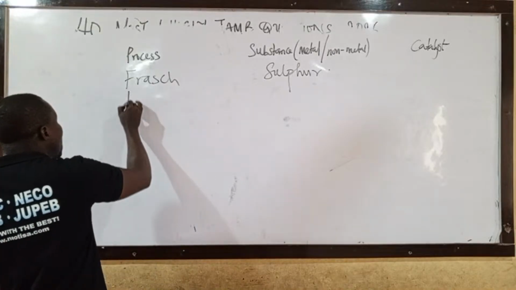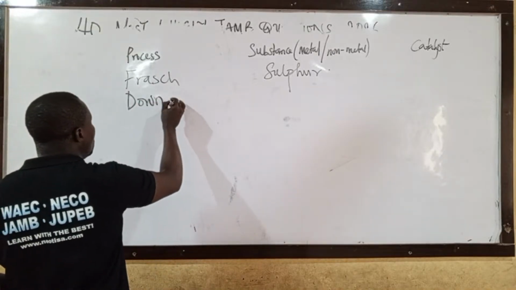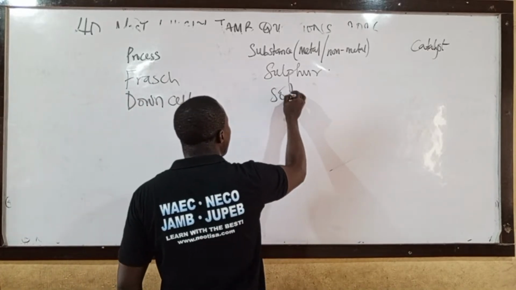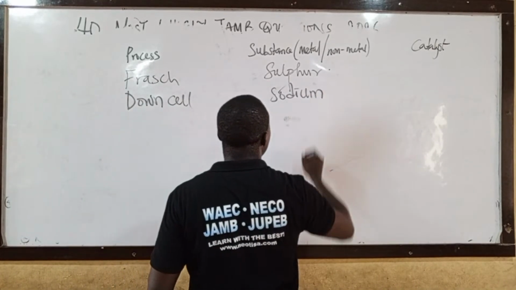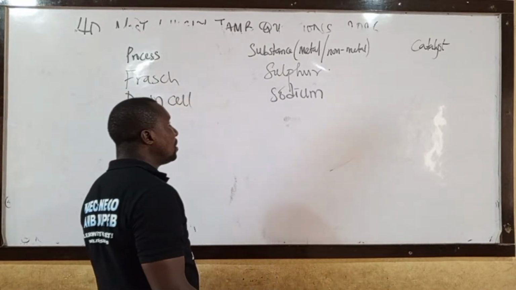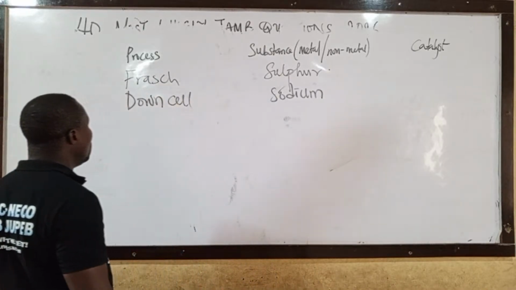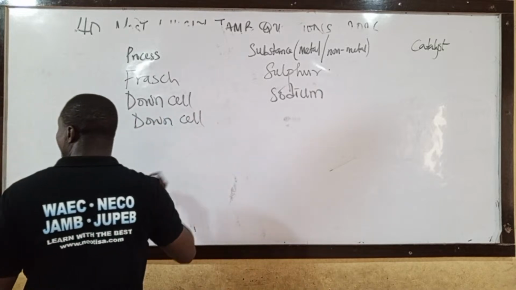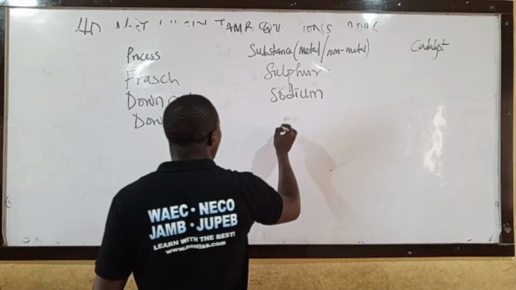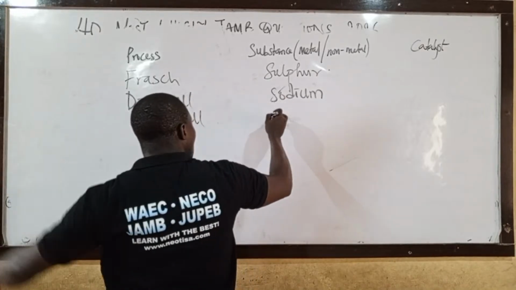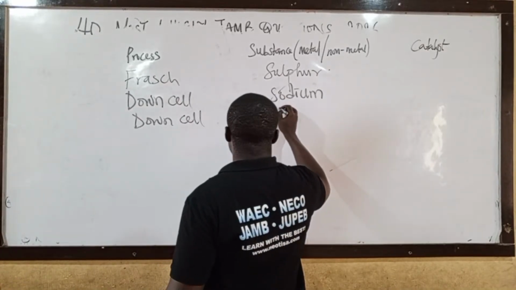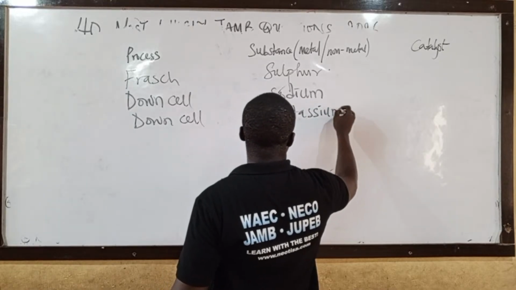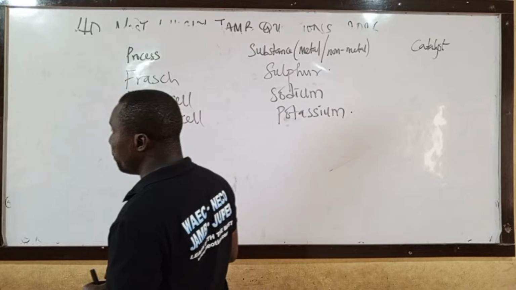We have Downs cell. It's used to extract sodium. Downs cell is also used to extract potassium.